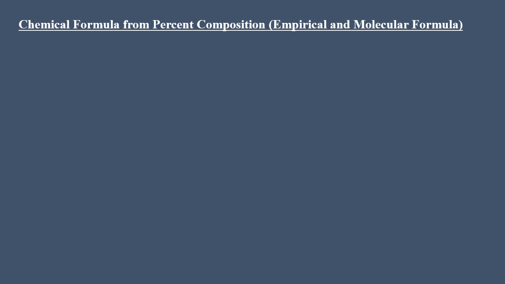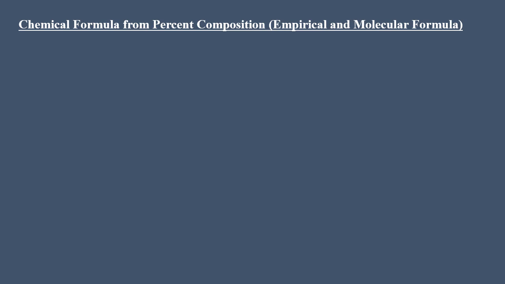Let's continue. If we can compute percent composition from a chemical formula, we can also derive the chemical formula of the compound from the given percent composition of its constituents. This usually applies during chemical analysis, when a compound is broken down into its elements to determine its percent composition.